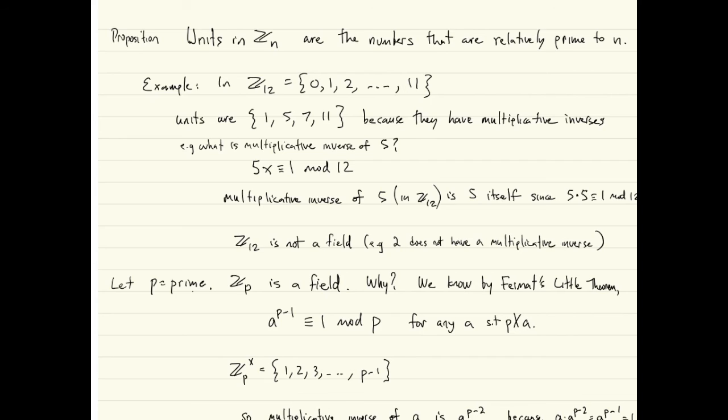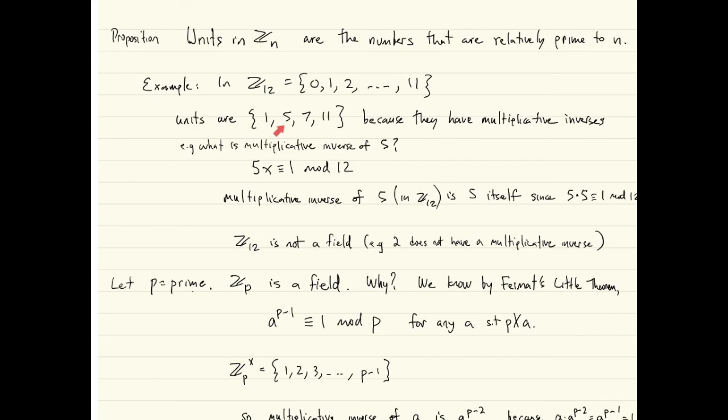And it's a ring because it's got addition and multiplication. And the units are 1, 5, 7, and 11. These are exactly the numbers we were denoting Z12 with an asterisk, or Z12 star. And these are the numbers that are the units because they have multiplicative inverses.